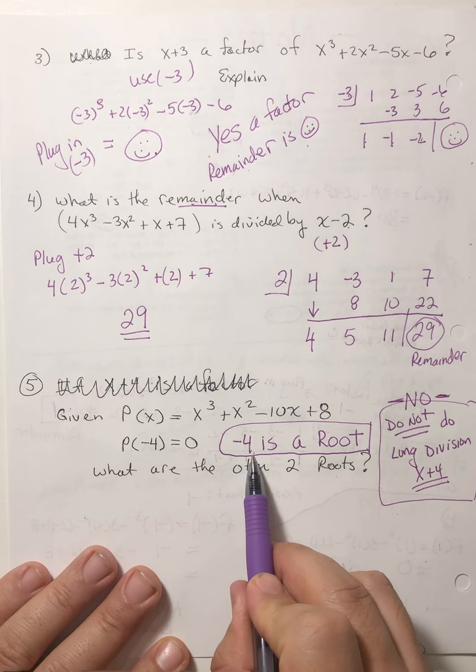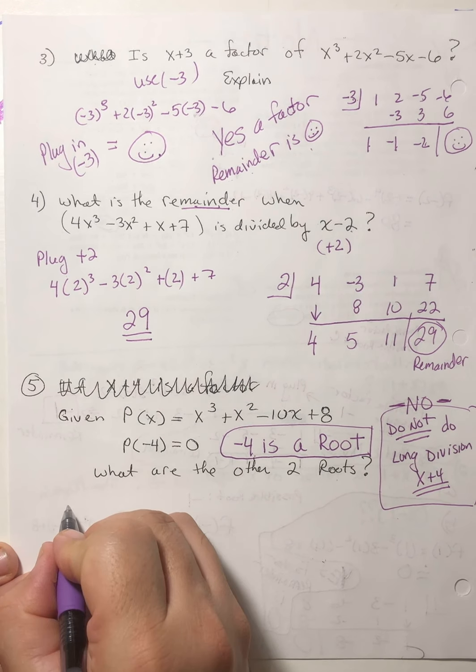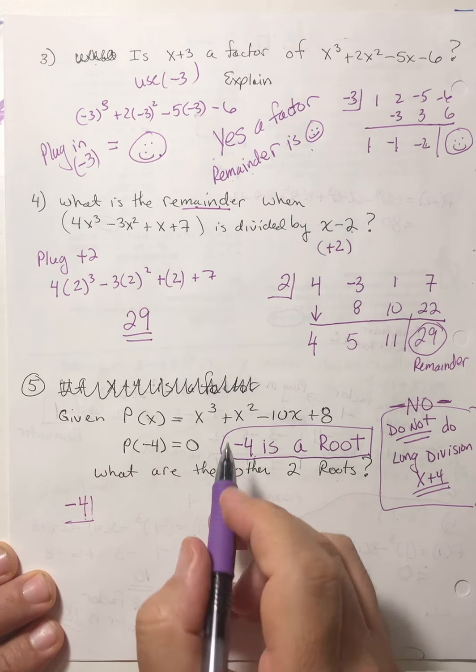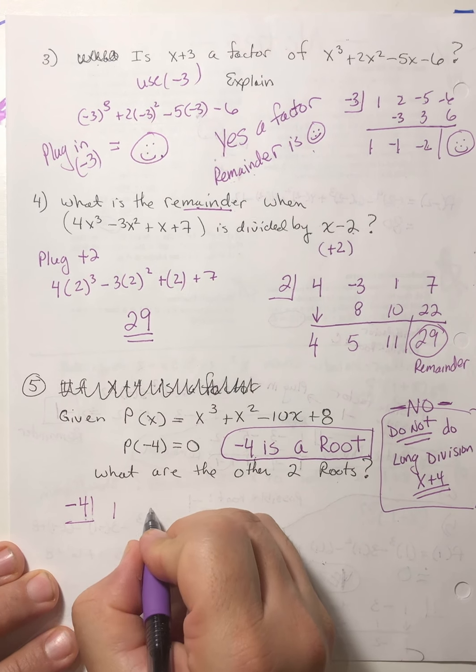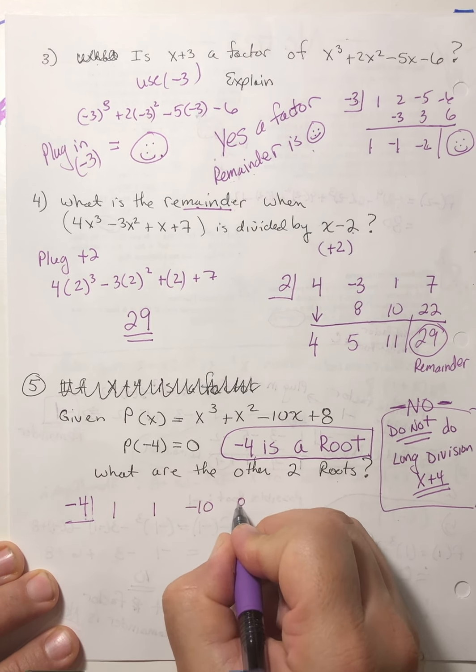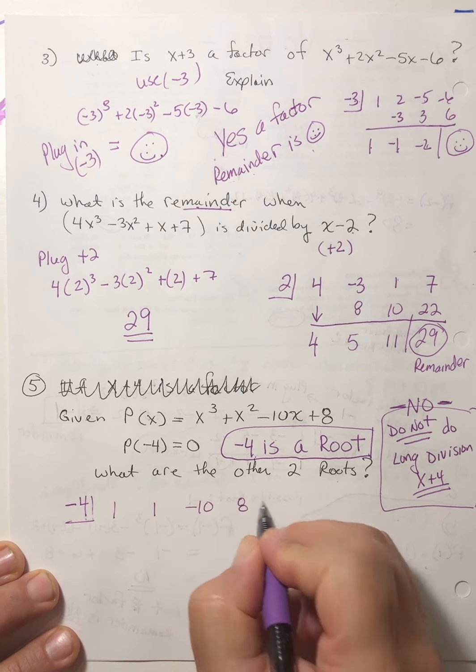We have synthetic division. Watch what I mean. And then we're going to set this up. 1, 1, negative 10, 8. Remember, it's right, we drop the lead. So we start our multiplying. Multiply.